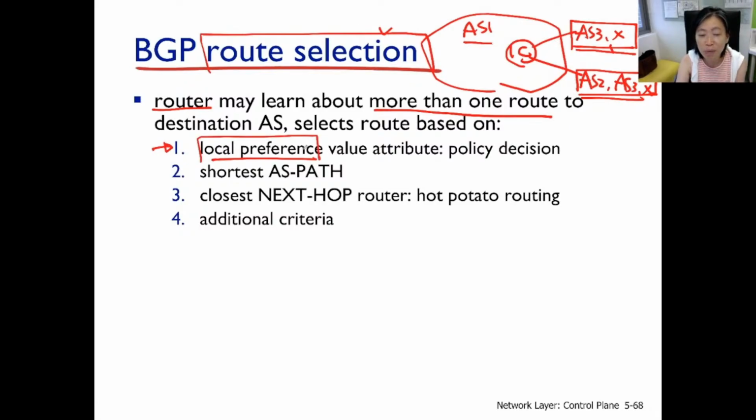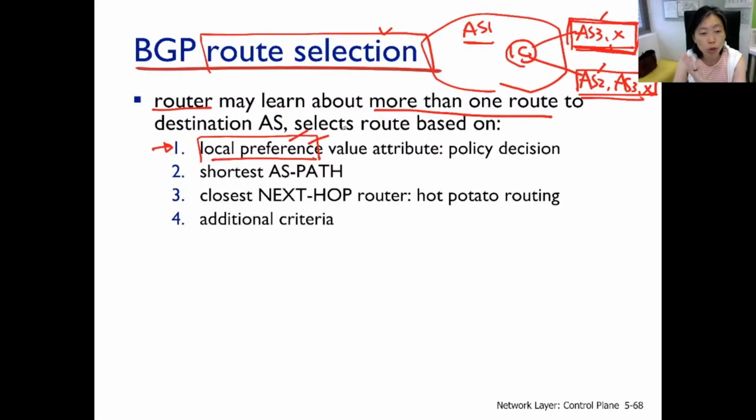This one actually weighs the highest, so BGP checks the local preference first and takes the path with the highest local preference. Local preference is usually to indicate, between the two neighboring ASs, AS3 versus AS2, whether AS1 prefers forwarding packets to AS3 or AS2. If AS3 is preferred, AS3's path is going to carry a higher local preference.